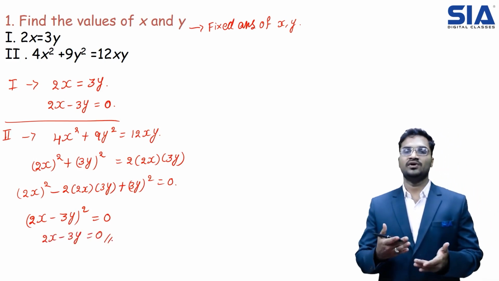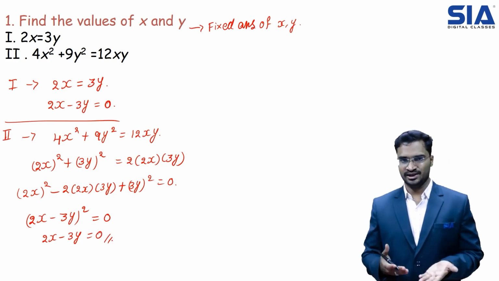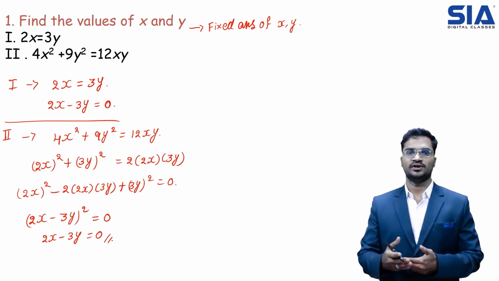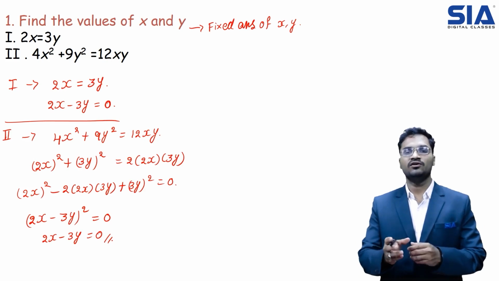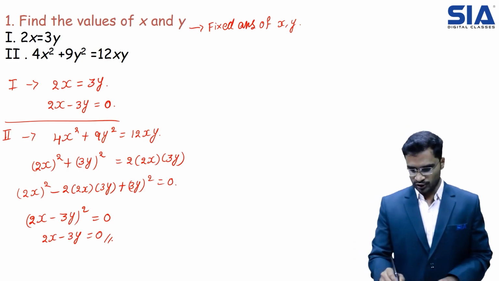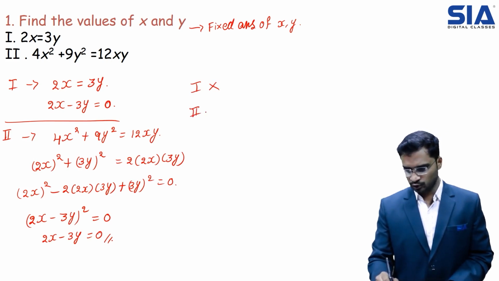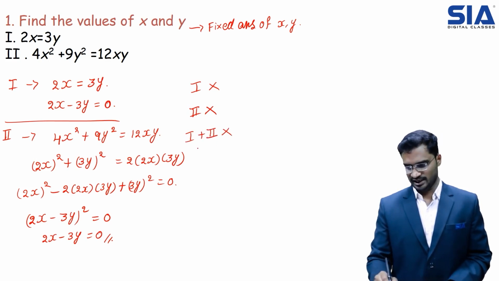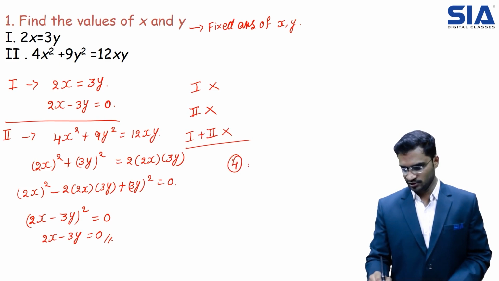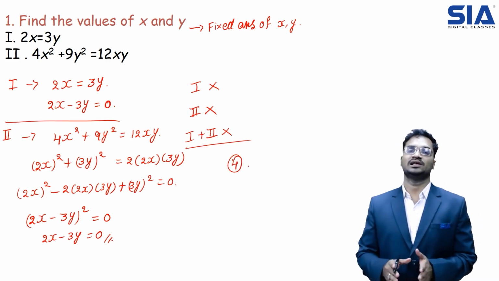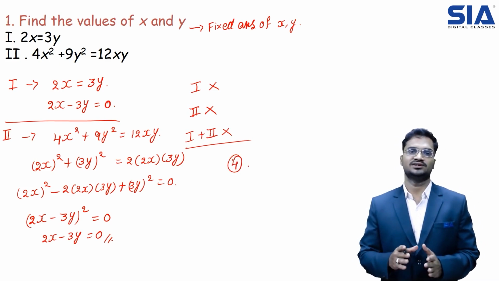Statement 1 and statement 2 are the same, but the way of giving them is different. Using statement 1 alone, I cannot tell the answer. Using statement 2 alone, I cannot tell the answer. Using statement 1 plus statement 2 combined, I cannot tell the answer. So our option is option 4, because both of these statements are insufficient to answer this question.